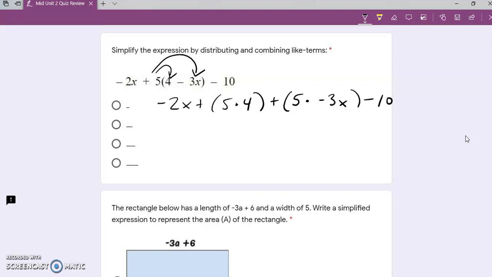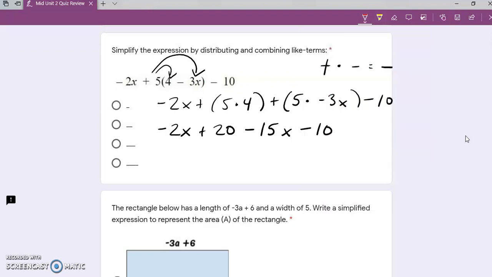So now I have my complete expression written out, and so now let me actually do the multiplication so I can know what I actually have. 5 times 4 is 20. 5 times negative 3x is a negative 15x. Again, positive times a negative equals a negative answer. And then the minus 10 is just there at the end. So I can't do anything besides bring it down.